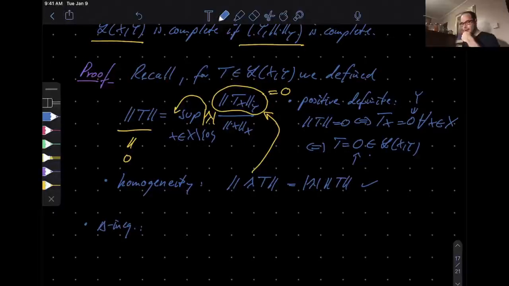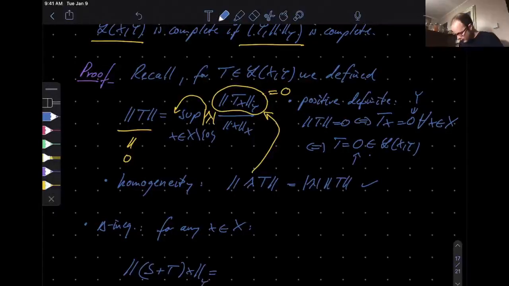So let's do this. The trick is always, whenever you see those suprema, first don't take them into account, just work with arbitrary vectors, and then at the end, once you have your inequalities, you optimize. So we will do the same thing. For any x in X, let's look at (S plus T)x.